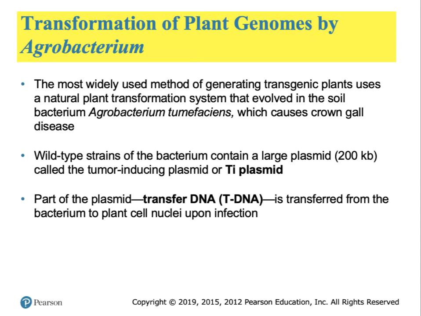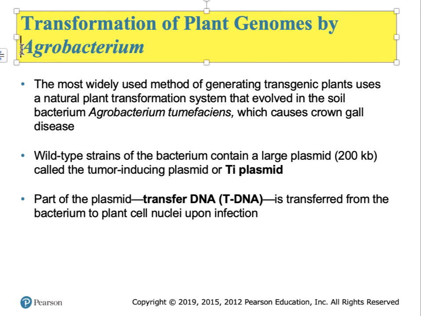We mustn't forget plants. Plants are an enormous component of our life cycle. How about plant manipulation? Well, naturally, there's a relationship between Agrobacterium and plants. Agrobacterium is a bacterium that lives in soil, and it fixes nitrogen for most of the plants in the world. So this is a relationship that's evolved over many hundreds of millions of years.